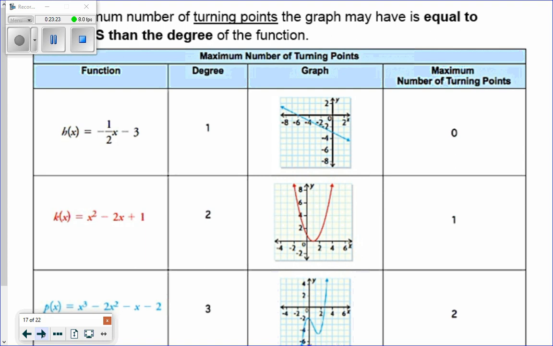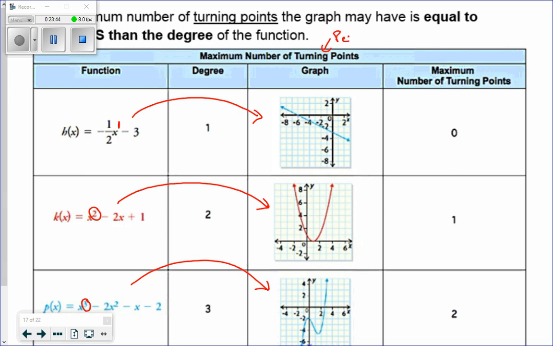Okay, so degree 1, degree 2, degree 3. This is what this graph looks like. This is what this graph looks like. This is what this graph looks like. Turning points, remember, these are your peaks and valleys.